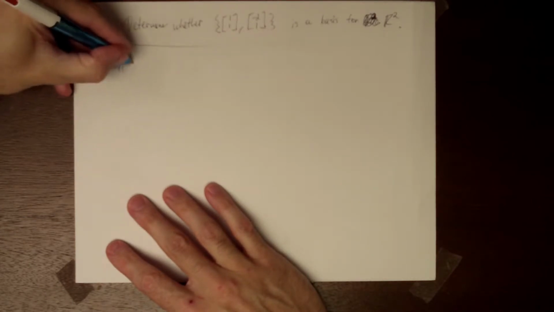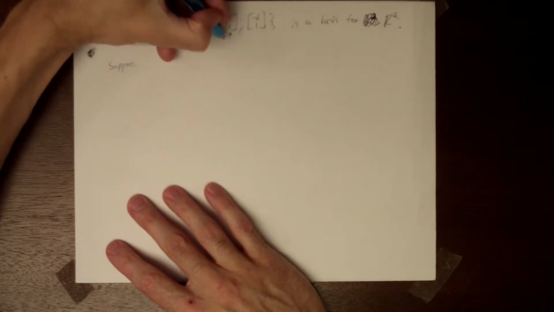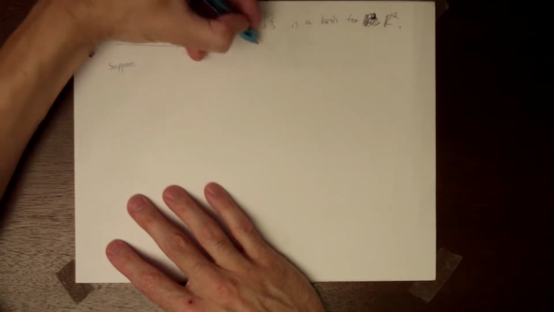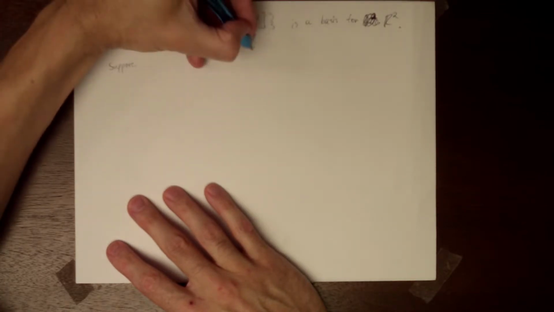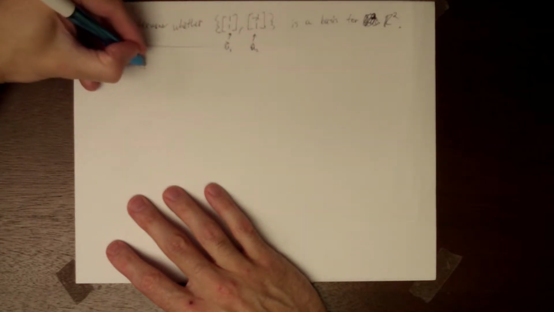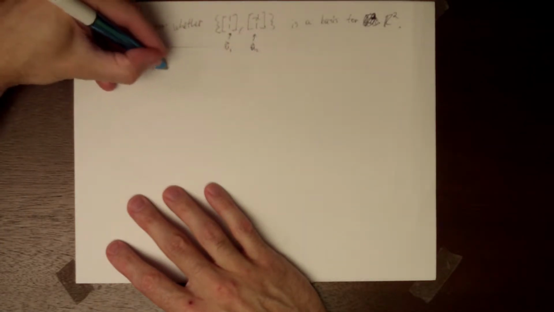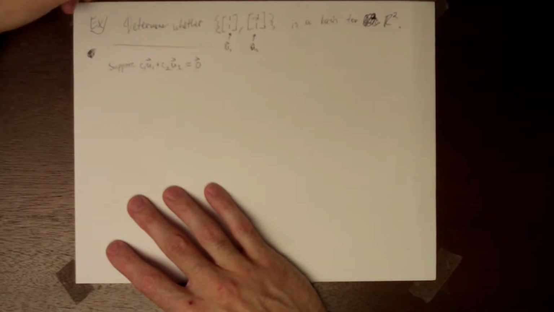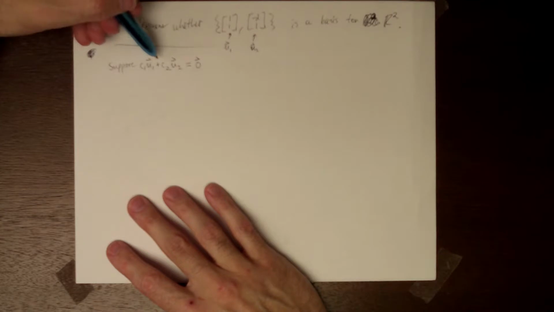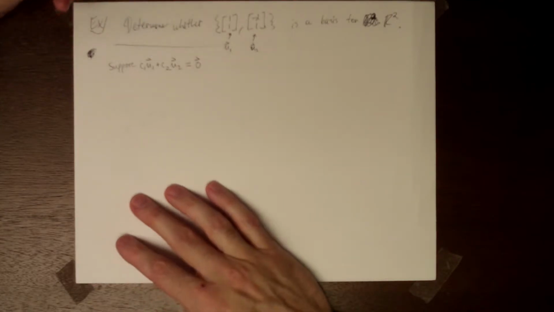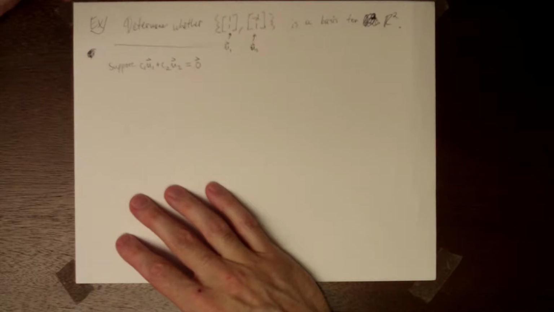Suppose, why don't we call this U1 and call this U2. Okay, so suppose that C1 U1 plus C2 U2 is equal to the 0 vector. We just have to show that C1 and C2 both must equal 0, and there's no other way around that.